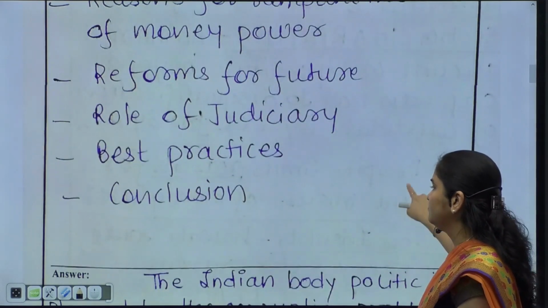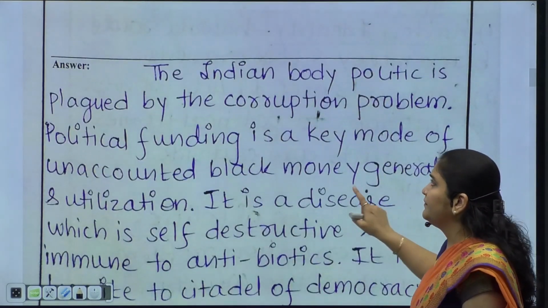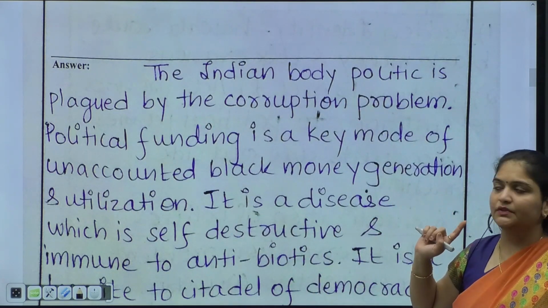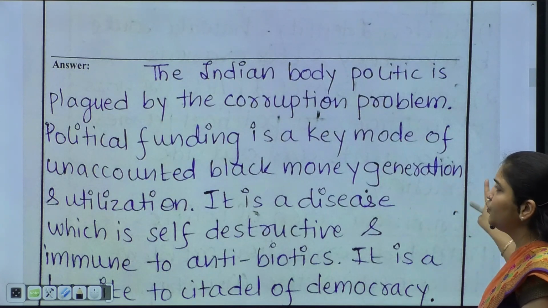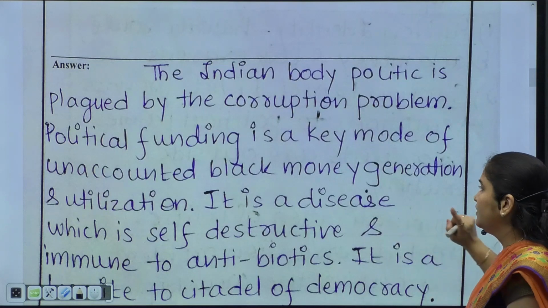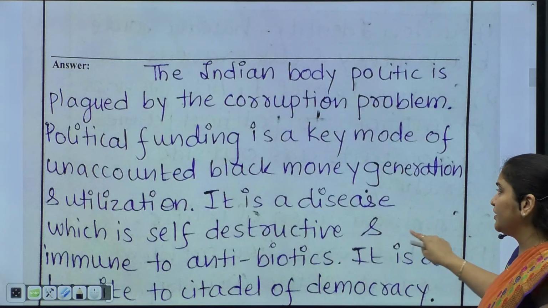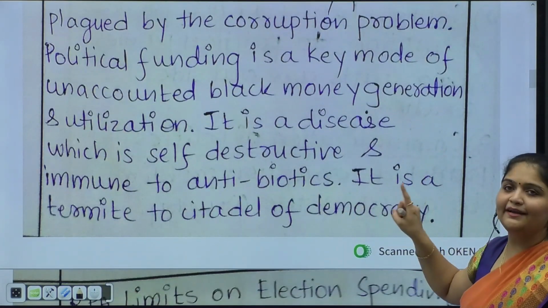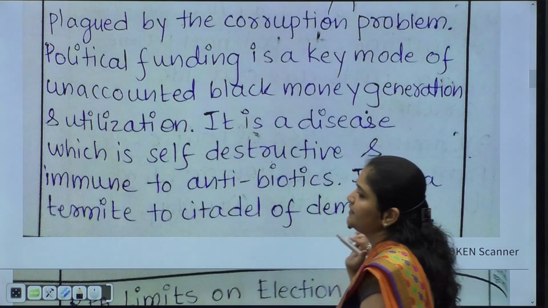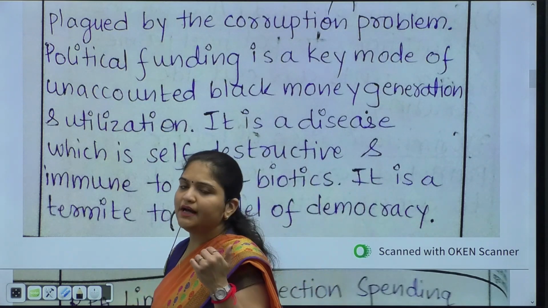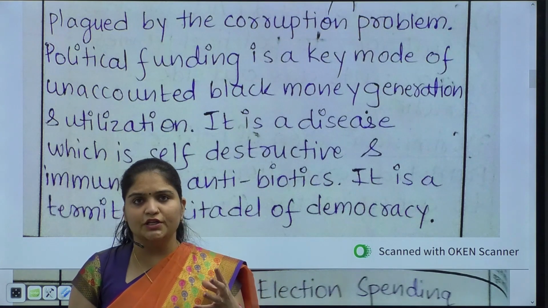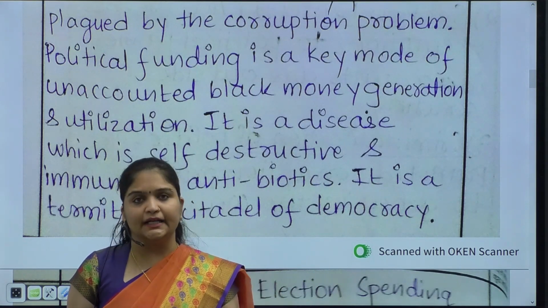So first here, we say that the Indian body politic is plagued by the corruption problem. Political funding is a key mode of unaccounted black money generation and utilization. It is a disease which is self-destructive and immune to antibiotics. It is a termite to the citadel of democracy. See, now there is a little flowery language here, but I wanted to show you how good articulation creates a very positive impact, right?